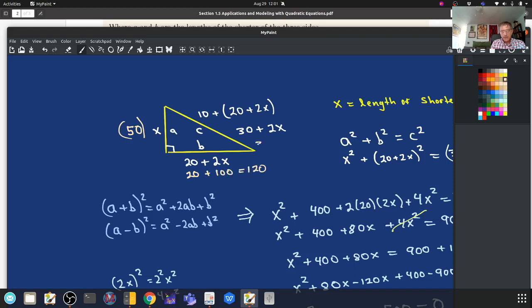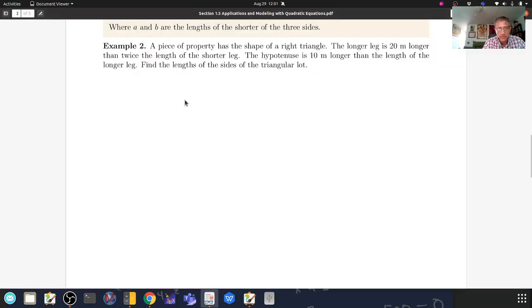And up here it's 30 plus 2 times x, which is 30 plus 100. So that is 130. So my triangle has side lengths 50, 120, and 130. And that is the dimensions or the answer that they were looking for.